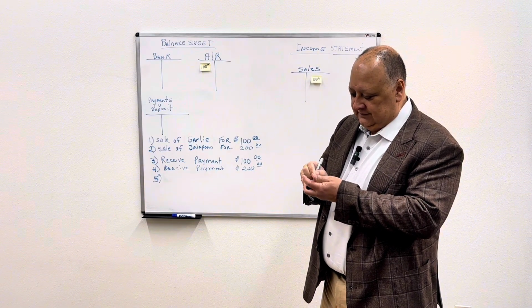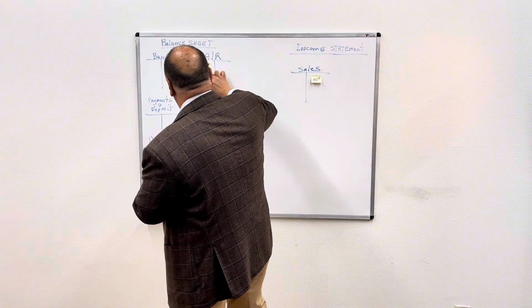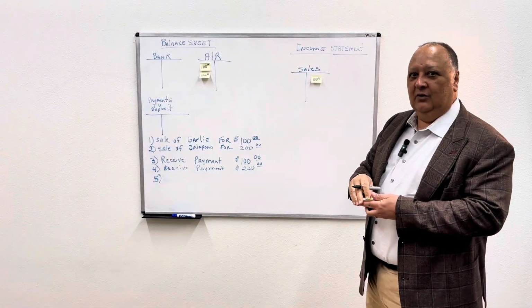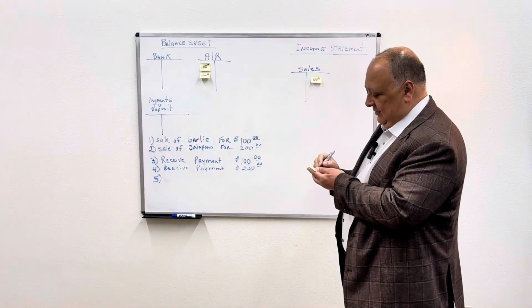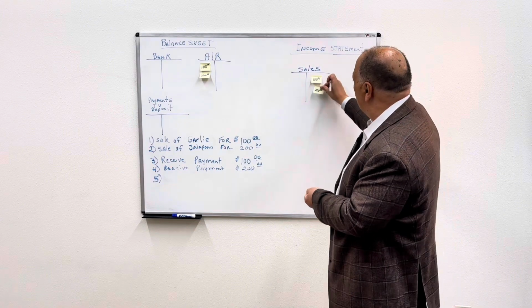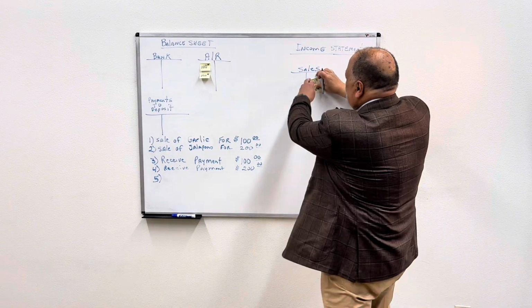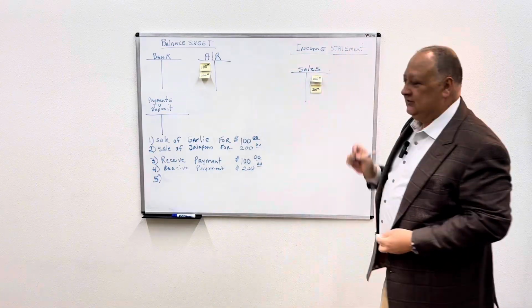The next step is I'm going to sell jalapenos, but I'm going to sell those jalapenos for $200. So what am I going to do? Same thing. I'm going to make an invoice for $200, and I'm going to take that $200 and show it so that it gives me another sale for the $200.